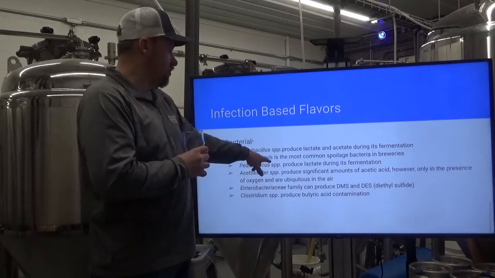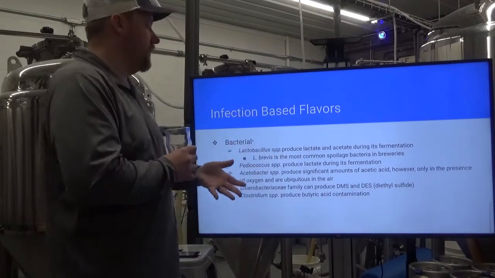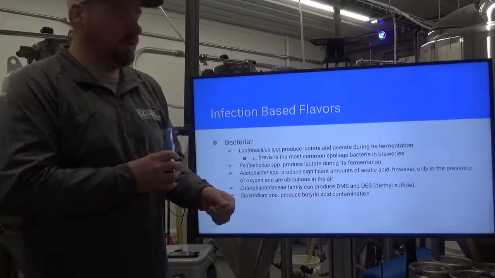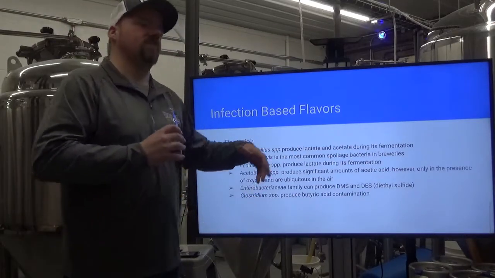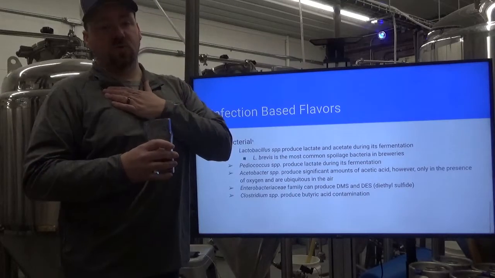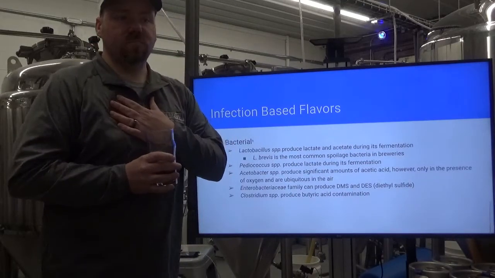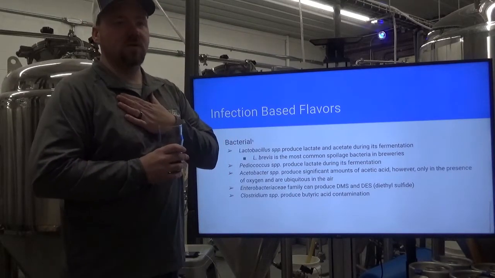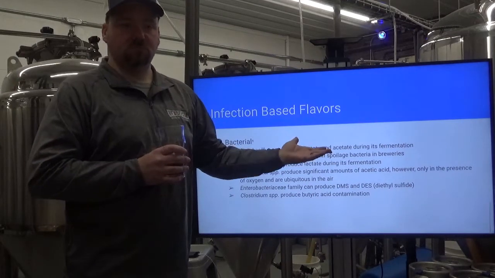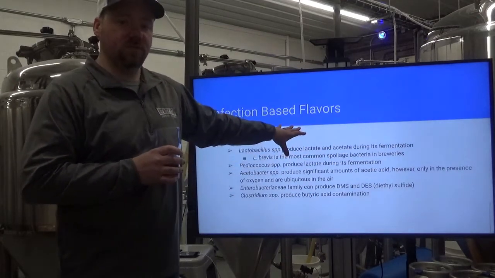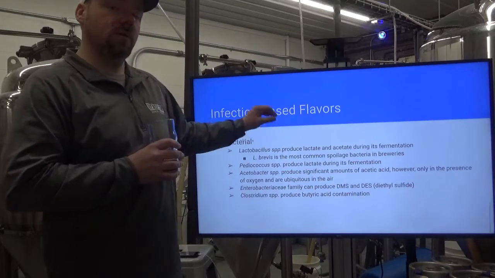Lactobacillus brevis is going to be the most common spoilage bacteria in breweries. The advantage that we have as brewers is it only takes about 3 to 5 IBUs of bittering to inhibit the growth of these Lactobacillus bacteria.